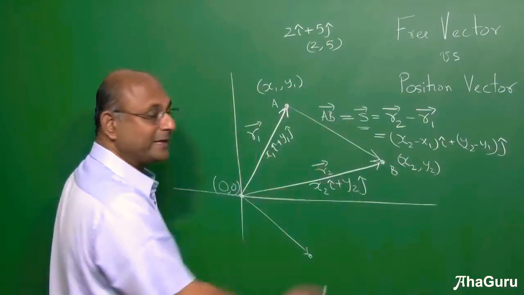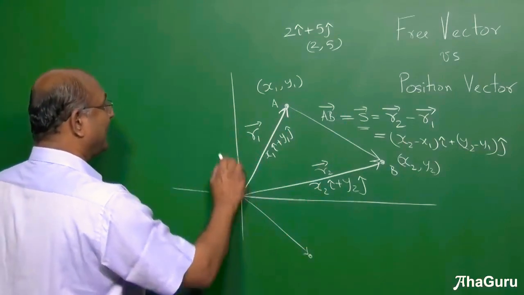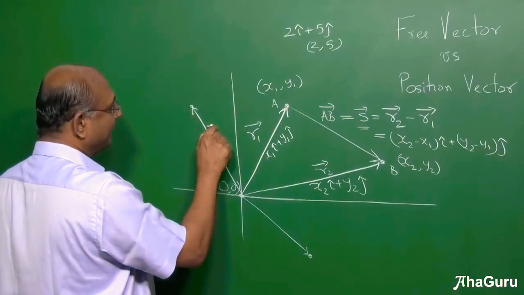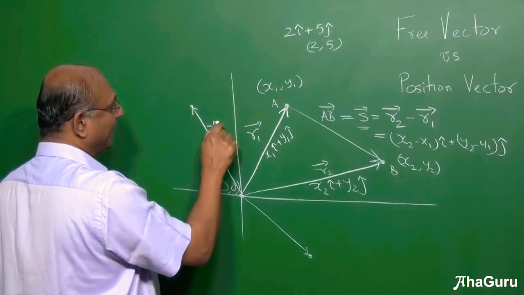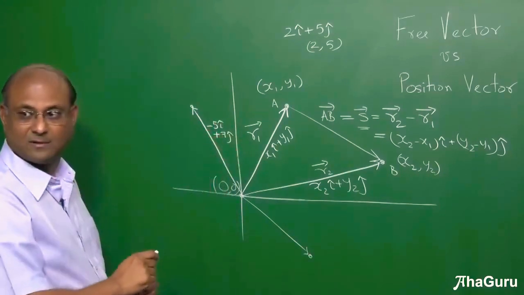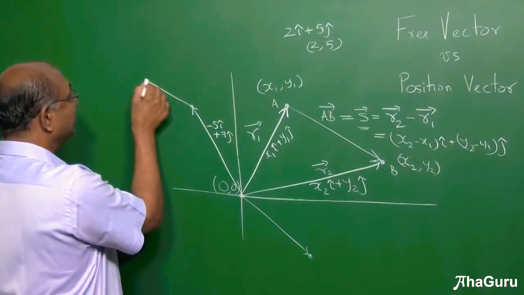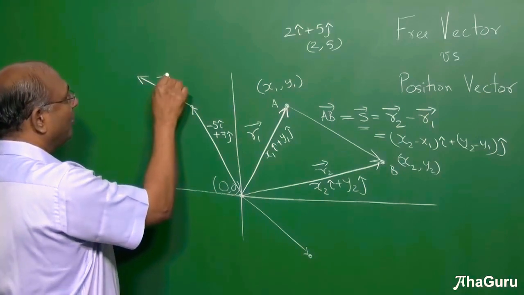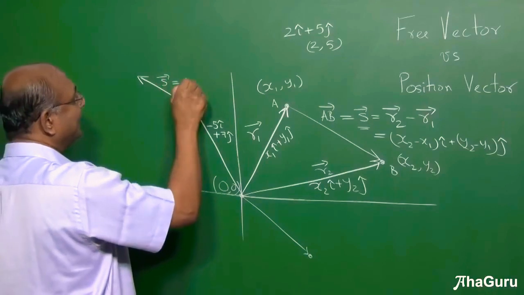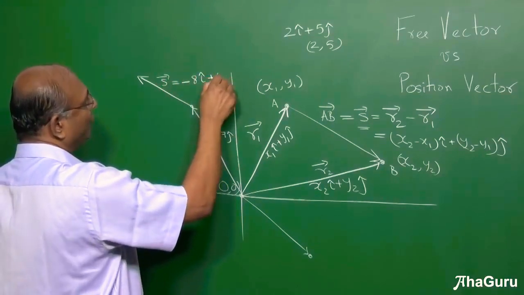Okay, so we will keep using position vector. Now, suppose I say I had a position vector which was minus 5 i cap plus 7 j cap. So this is a position vector. And then I had a displacement of minus 8 i cap plus 4 j cap.